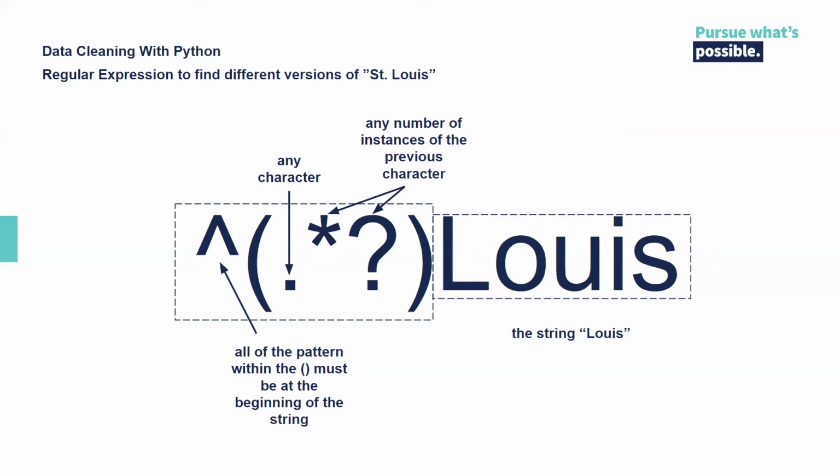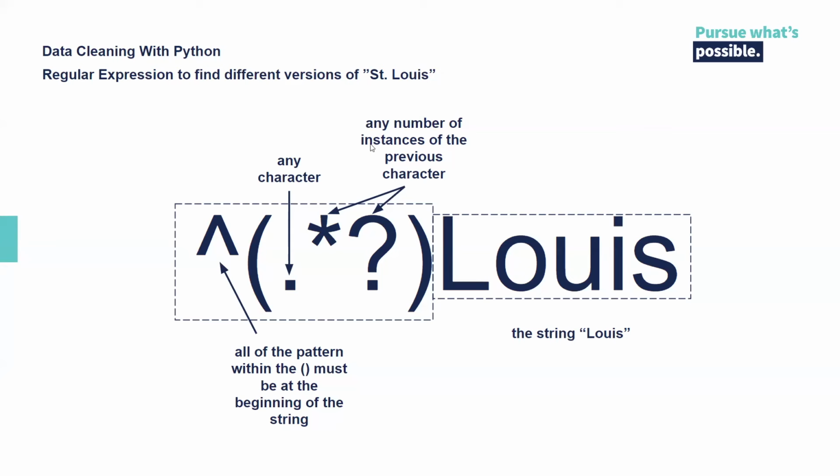And if it has something and then Louis, then we can be fairly confident that it means St. Louis, and we can do our switching out. All right. I used to struggle writing regular expressions because it's almost a programming language in itself. But nowadays with Chat GPT and stuff, it makes it a lot easier to figure these kinds of things out.